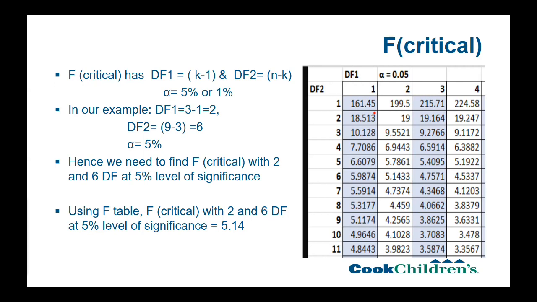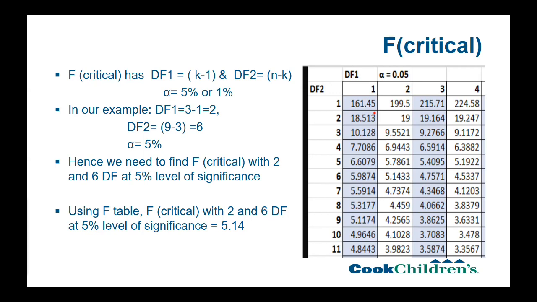So now to calculate the critical value, we look at the alpha level. And don't forget, usually the alpha level is 5%, some go for 1%. So for this particular example, we are going with 5%, 0.05. So the degree of freedom 1 is 2, 3 minus 1. And the degree of freedom 2 is 6.